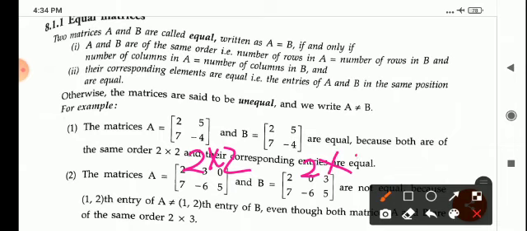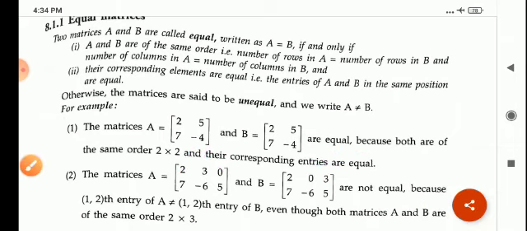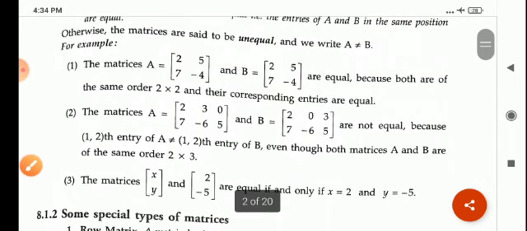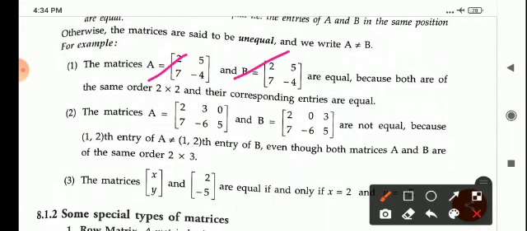Here it is also 2 rows and 2 columns. Therefore, A and B are equal, because entries are equal and orders are also equal.